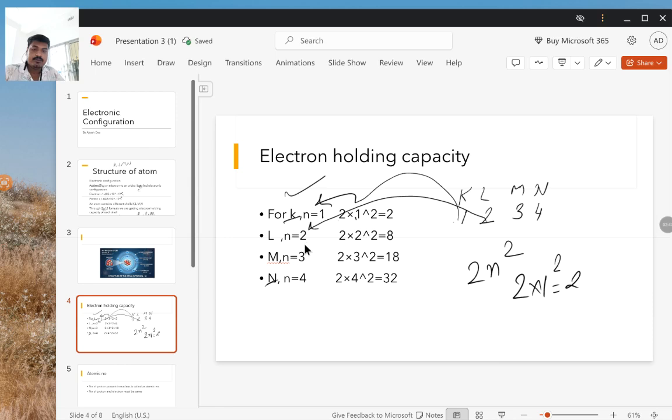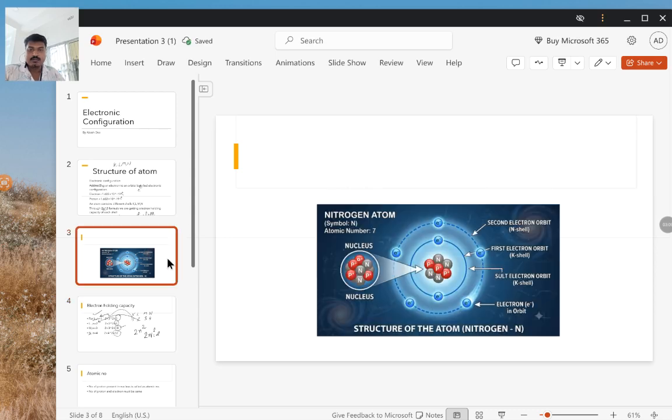Similarly, for L we write 2 into 2 square, which is 8. For M, 2 into 3 square means 18. For N, 2 into 4 square means 32. Clear now? That means the K orbital contains only 2 electrons, L contains 8 electrons, M contains 18 electrons, and N contains 32 electrons.